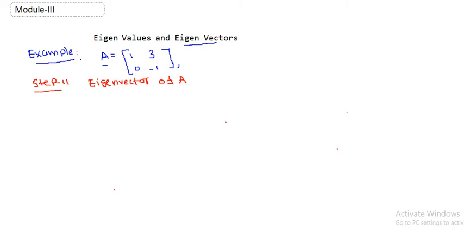Let me write the eigenvectors of A corresponding to the eigenvalue 1.